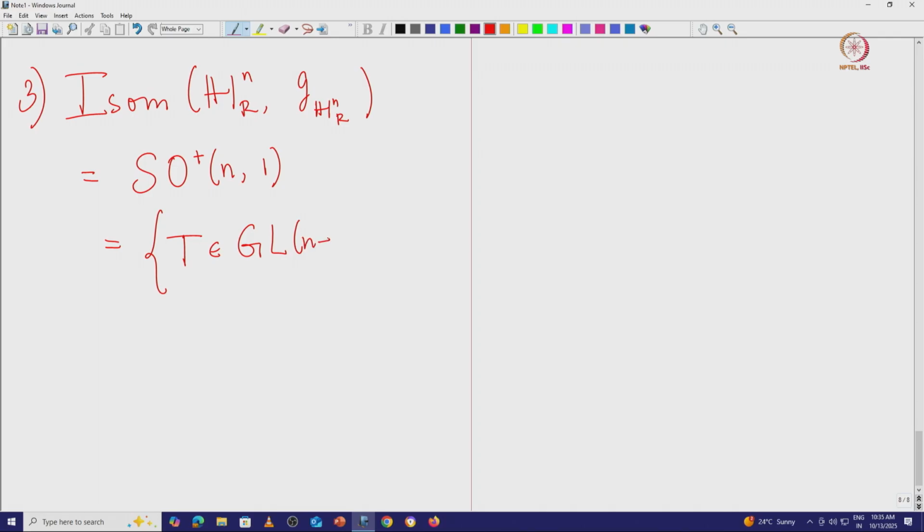So again the hyperboloid lives inside R^(n+1). These are the set of all linear transformations in R^(n+1) which preserve this form eta, where eta is the quadratic form with diagonal 1, 1, etc., except in the last component you have a minus 1.